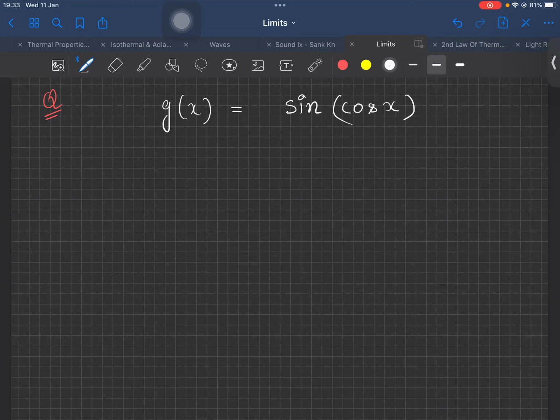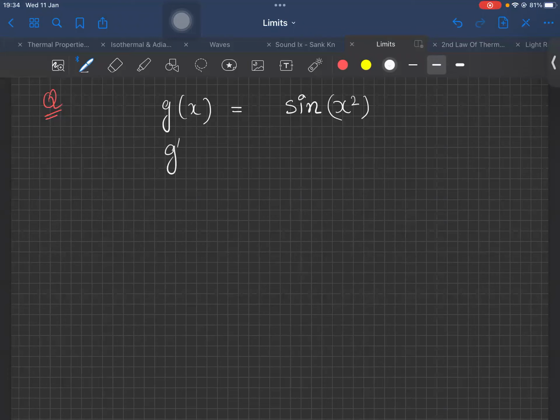How will you solve this function? Or it's too much. I think, wait. Sine of, let's say, x square. You had solved sine square x, but let's solve sine x square. Now this is the angle, right? So how do you solve it?